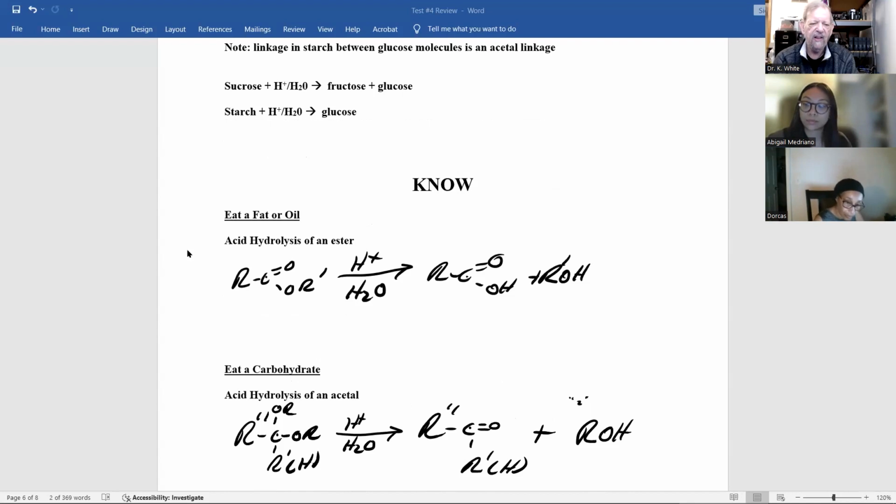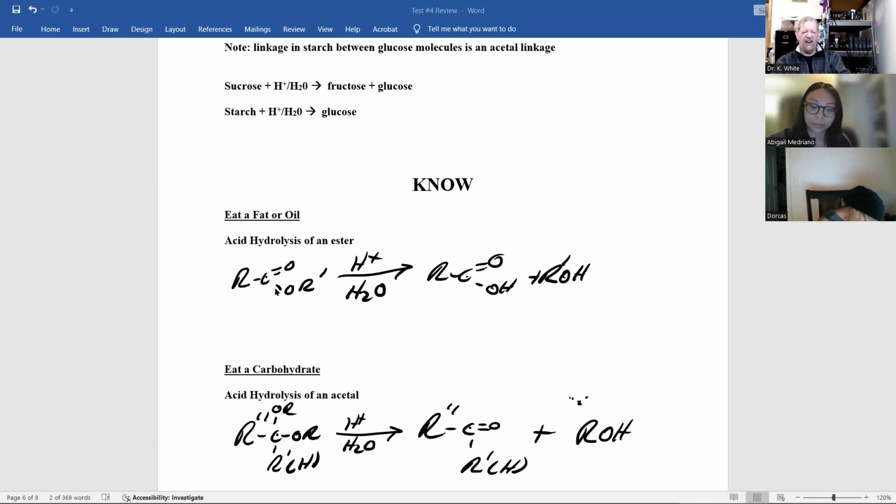You should know when you eat a fat or oil, what reaction is going on in your stomach. Describe it with words and a general reaction. Fat or oil is a triester, a triglyceride. Therefore, that's acid hydrolysis of an ester.